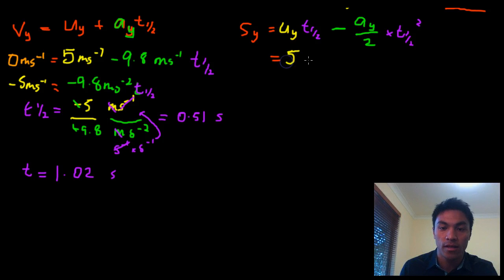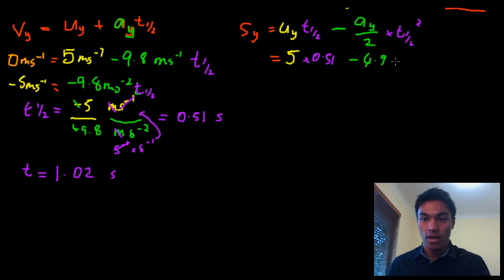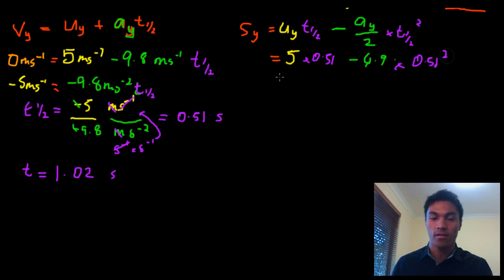So if we plug in these values, the maximum displacement is going to be our 5 meters per second multiplied by t half, which is 0.51. Take away 4.9, because remember our acceleration in the y direction is 9.8. Taking away 4.9 times, and let's put it in purple, times 0.51 squared.